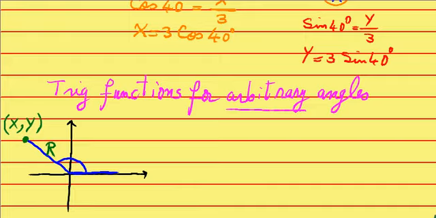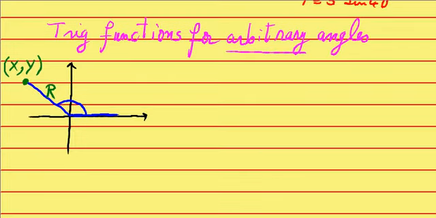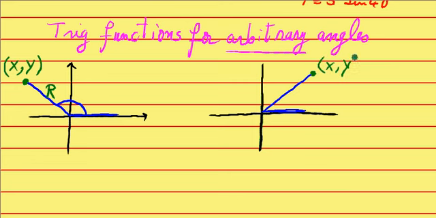So the familiar case would have been if I was in the first quadrant. Let's draw a picture for that too. Suppose my angle was just an ordinary angle in the first quadrant, and here's my angle. I have picked some point here, and I'm going to call this point coordinates x and y, and this is going to be r.